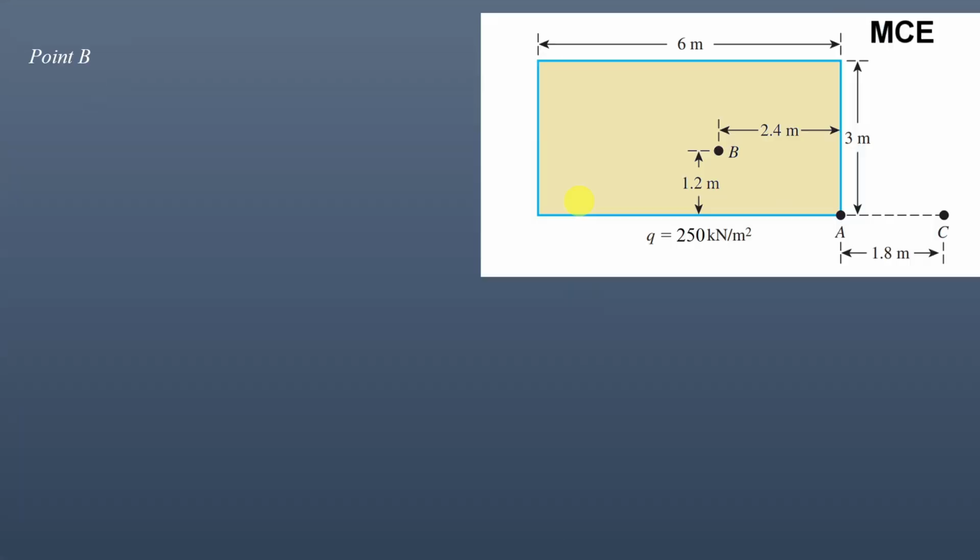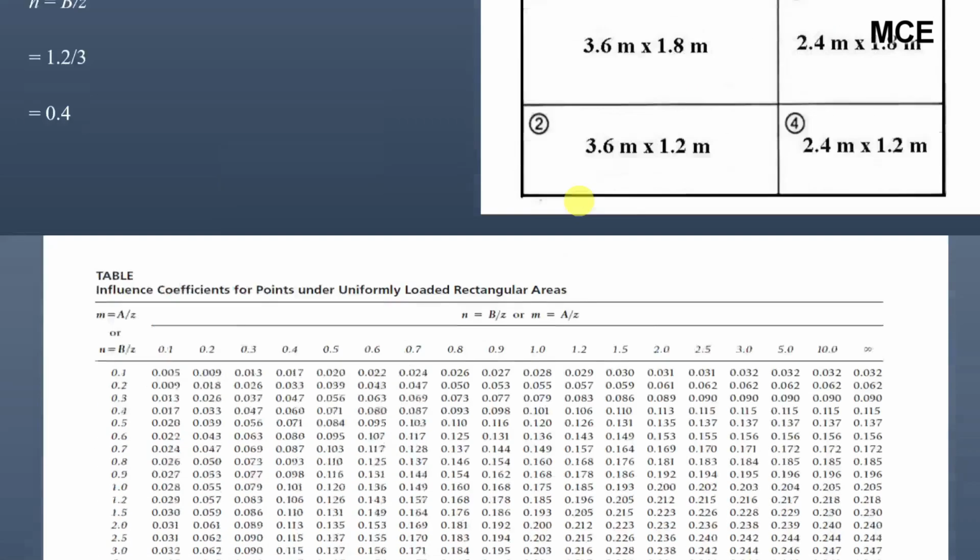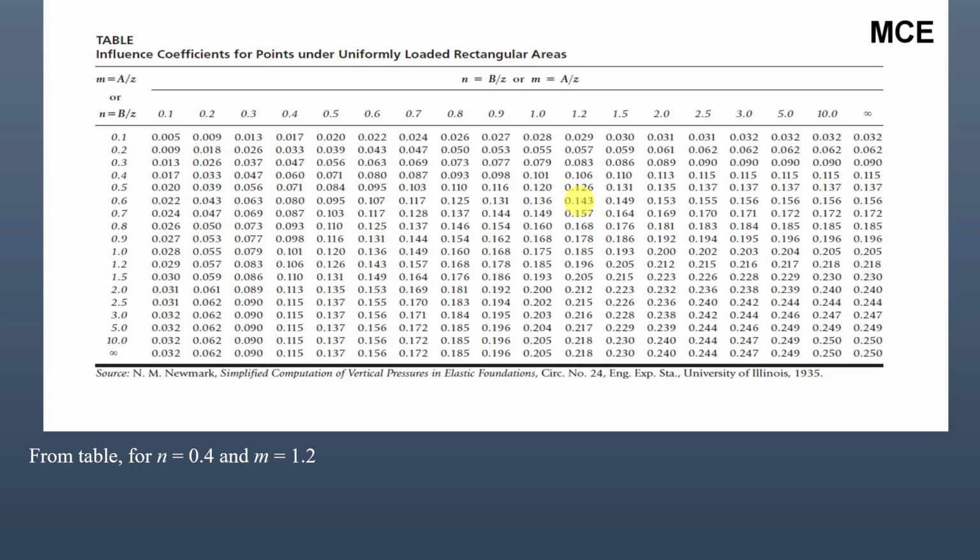For the next rectangle, that is 3.6 meter multiplied by 1.2 meter, the value of M is 3.6 divided by 3, which is 1.2, and N is 1.2 divided by 3, which is 0.4. So the influence coefficient for N equal to 0.4 and M equal to 1.2 is 0.106.